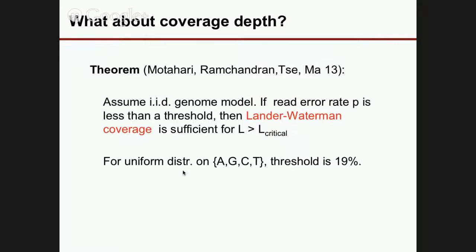It turns out you can calculate it depending on the distribution. For the uniform distribution, 1/4, 1/4, 1/4, 1/4, the threshold is 19%. That means as long as the noise is less than 19%, which is a pretty big number, you can recover the noiseless result.